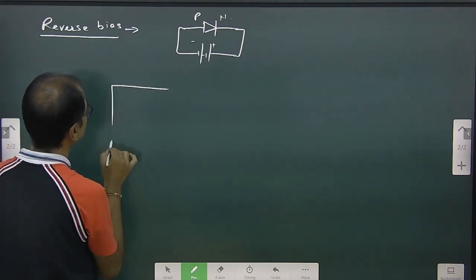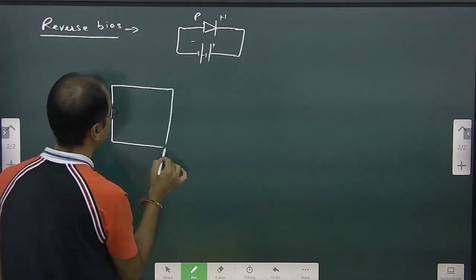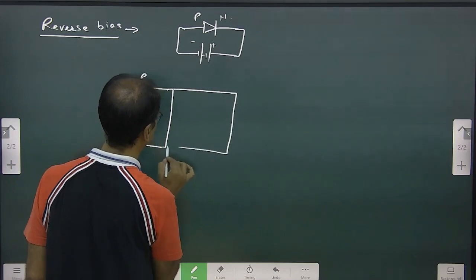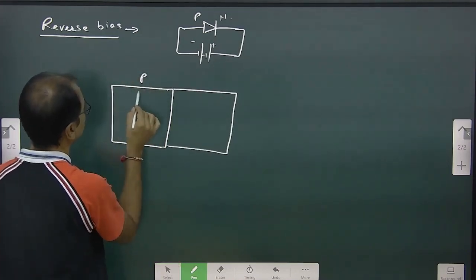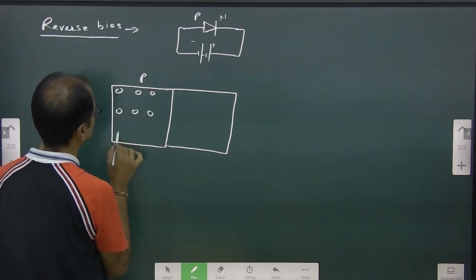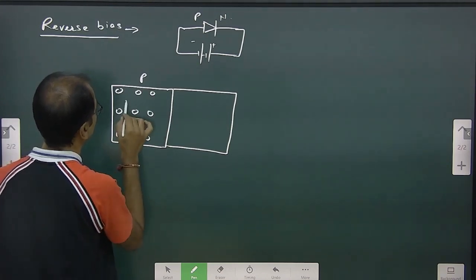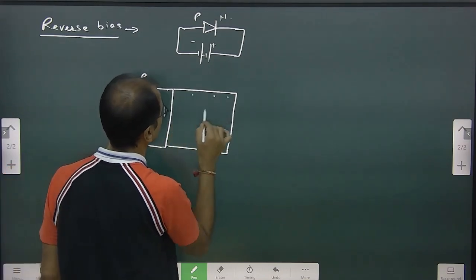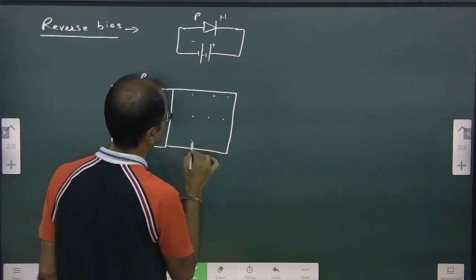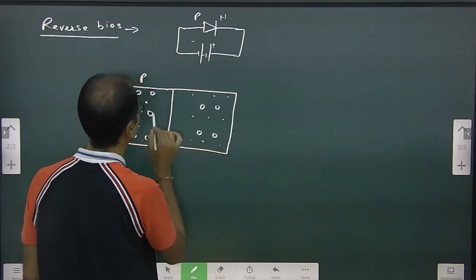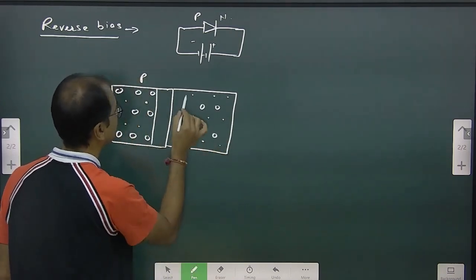Okay, so here is your P type. This is N type. P type means there are holes and these are electrons. Here there are electrons, the minority charge carrier is holes, and this is your depletion layer.